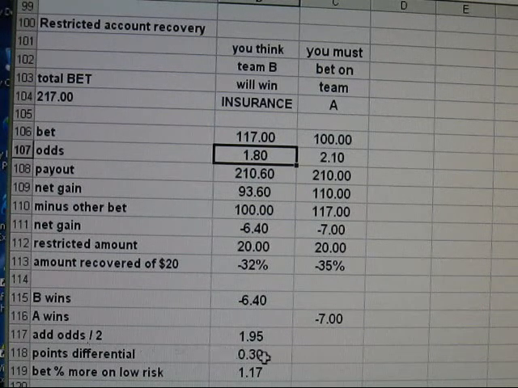The point differential was 0.30, which is 210 minus 180. That's good. The amount that you bet on the team that is likely to win because of the lower payout odds, 1.17, that's good. So this data here supports this argument. The worst case scenario is you will get back 13 out of your $20 into your real account.